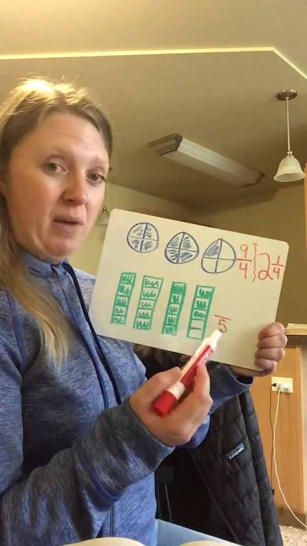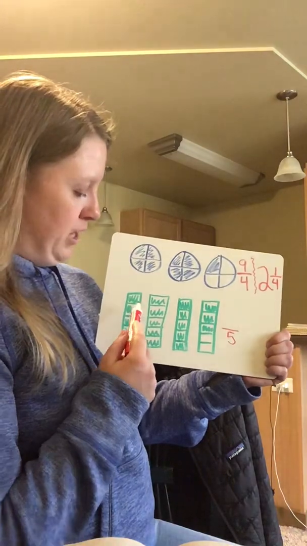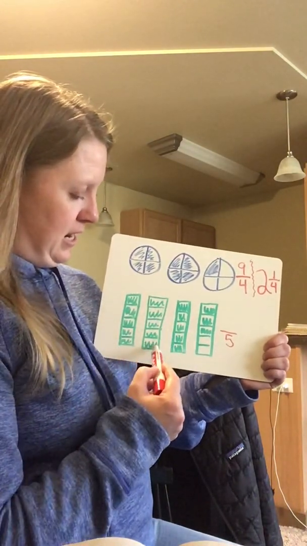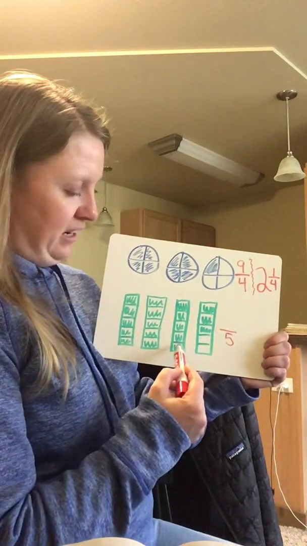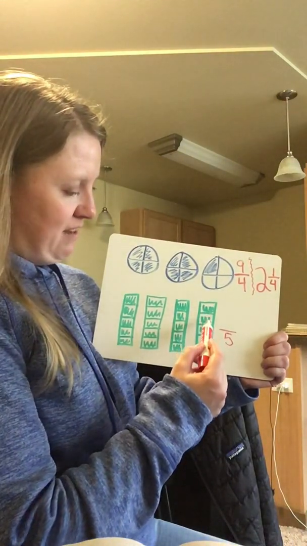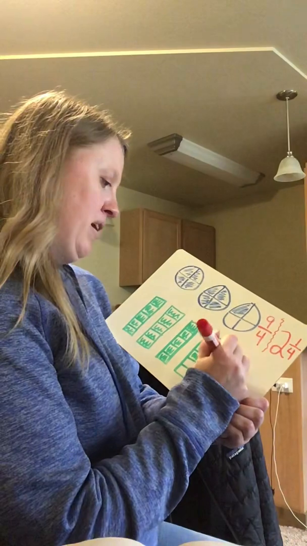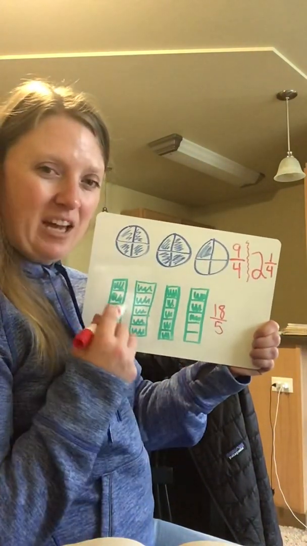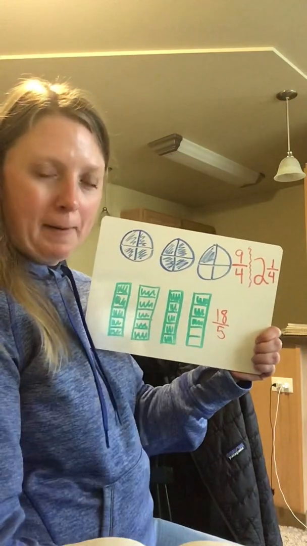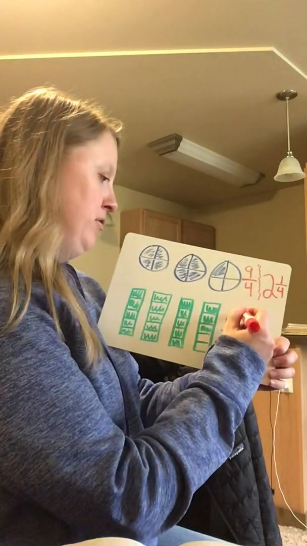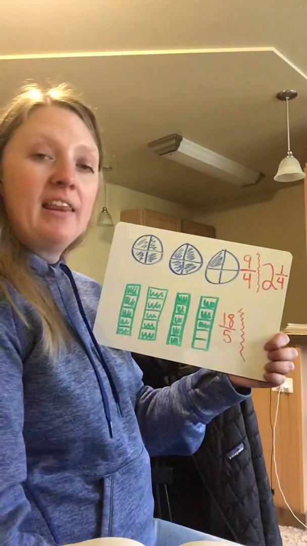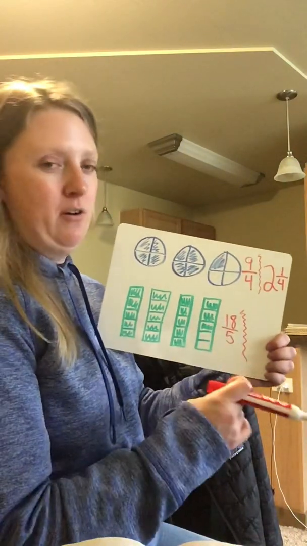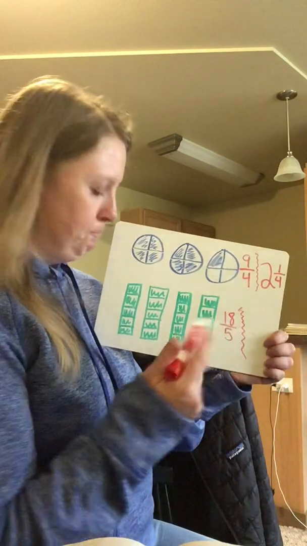Now, we just count how many altogether. So if I know there's 5 pieces, there's 5, 10, 15, 16, 17, 18. So my improper fraction would be 18 fifths. That's how many shaded pieces we have here, okay? So I'll do a little squiggle line. Now let's do the mixed number. Let's see how many whole rectangles there are completely shaded.